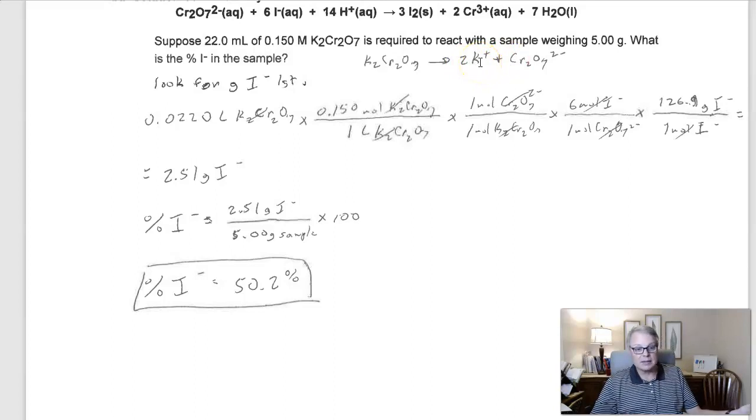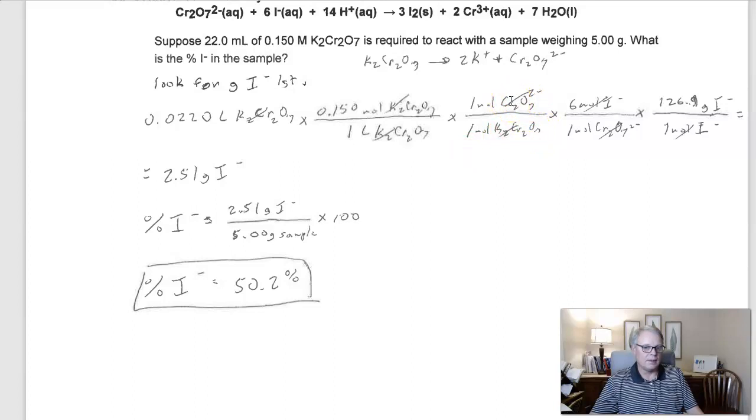I'm not going to potassium. Potassium's not reacting here. Doesn't matter. What's important is the potassium dichromate here and the dichromate here. So for every 1 mole of potassium dichromate, I get 1 mole of dichromate, and that's where that comes from. Okay, potassium dichromate on the bottom, so that'll cancel, and that gives me moles of dichromate.